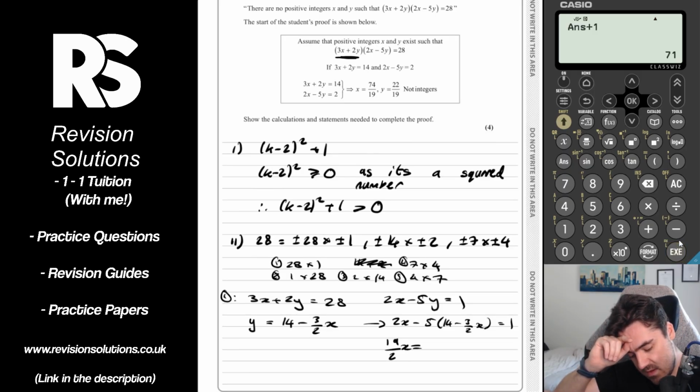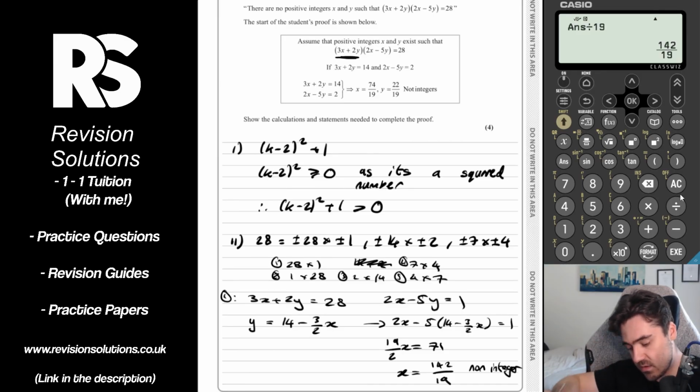Well, that's x there, and then 71 times that by 2 and divide by 19. That automatically doesn't give us a solution, an x integer. So we don't have to worry about it for the y. We can just stop there. So non-integer. So case 1 doesn't work.